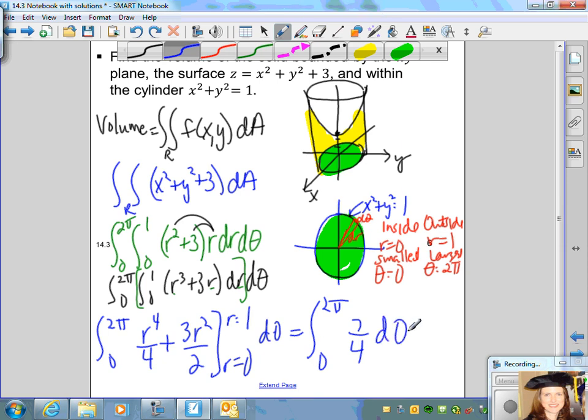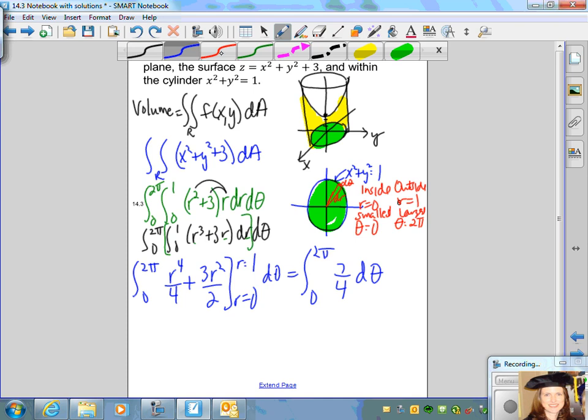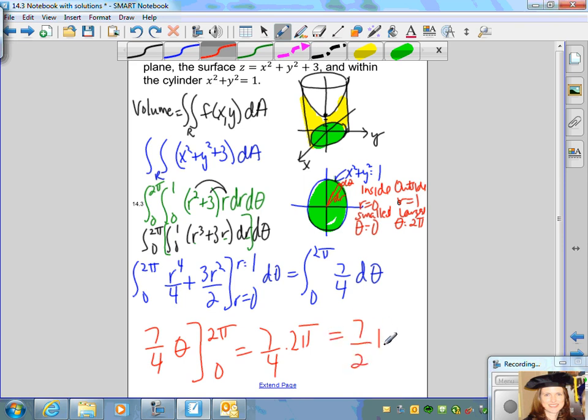Now the antiderivative of 7 over 4 d theta, since 7 over 4 is a constant, is going to be 7 over 4 times theta, where theta goes from 0 to 2 pi. You plug in 2 pi, so you get 7 over 4 times 2 pi, minus what you get when you plug in 0, which is 0. And that simplifies to 7 over 2 pi.